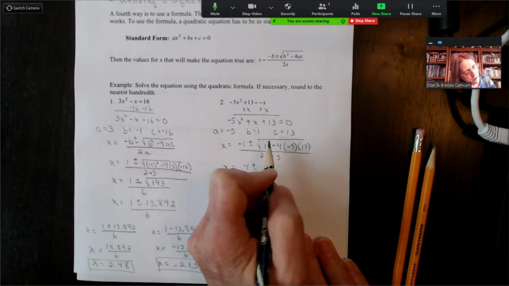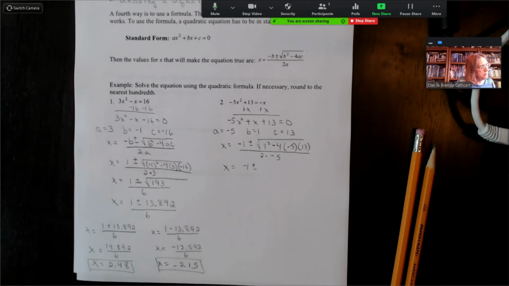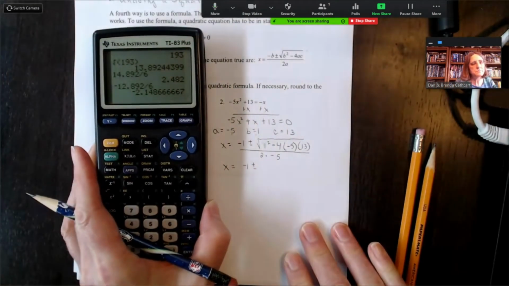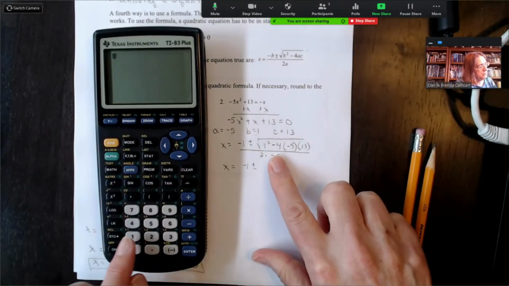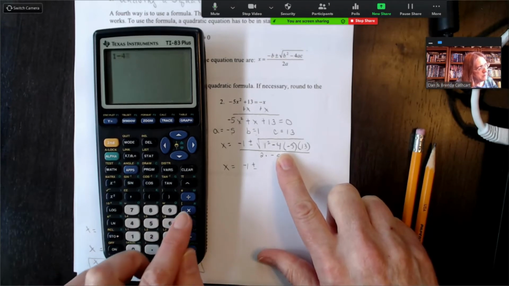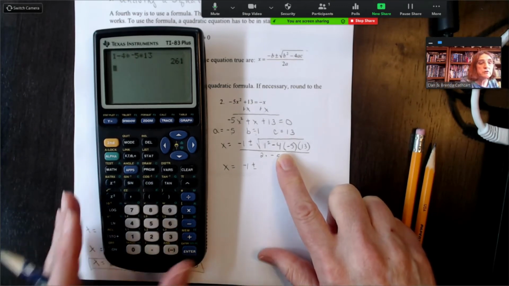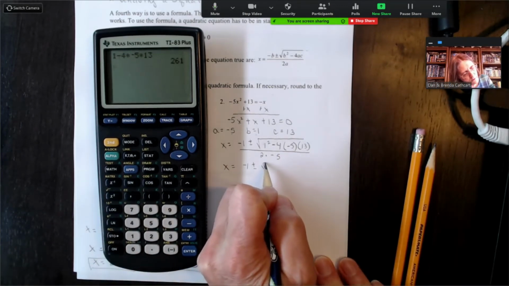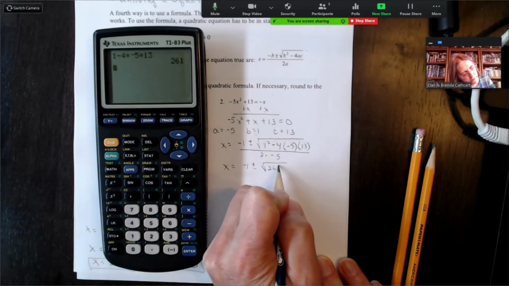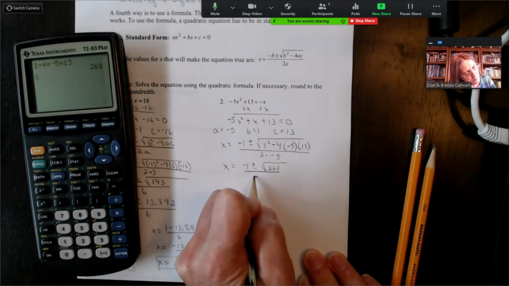So to evaluate that, I need to multiply and add out the part that is underneath the square root. Under our square root, we have 1 squared, or 1, minus 4, multiplied by negative 5, and then times 13. And we get 261.